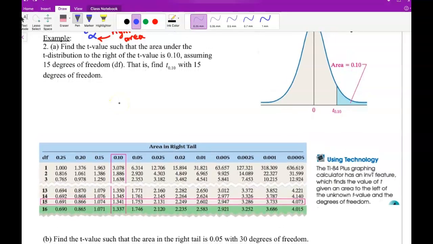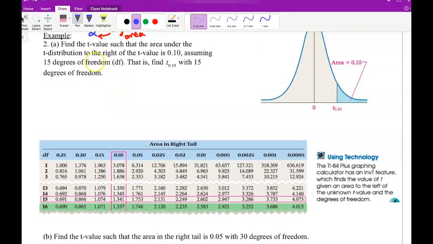So I have 15 as the degree of freedom and area is 0.10.